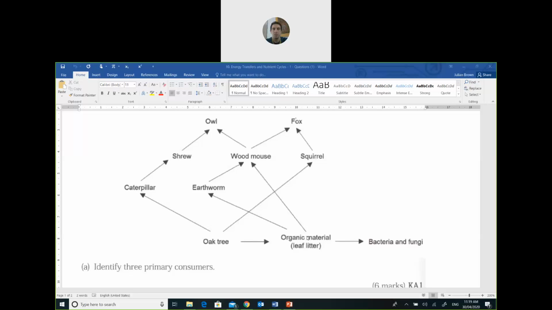It's also a tertiary consumer in one other sequence. So the earthworm would be a primary consumer, the wood mouse is a secondary consumer, and the owl would be a tertiary consumer in that sequence also. So it's actually a tertiary consumer in 2 different sequences.